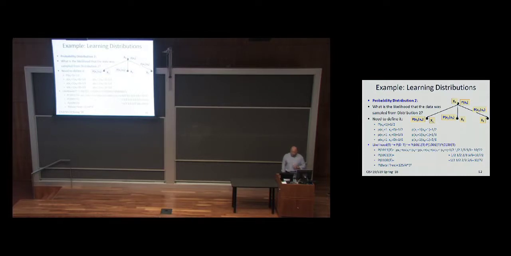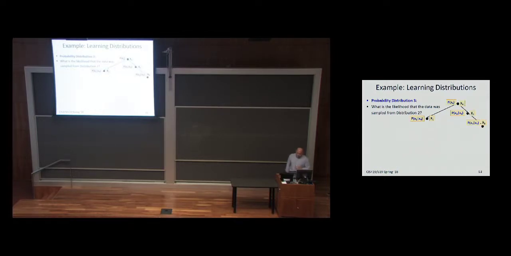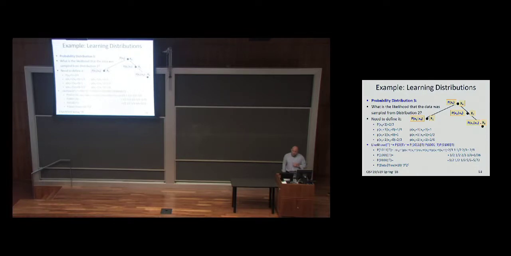Okay? I can do the same thing for the other data point. Again, the important thing for you to understand is that I've given you the right conditional probability to define this probability distribution, and that you know that if I want to compute P of 1, 0, 1, 1, I need to know P of x4 times P of x1 given x4 times P of x2 given x4 times P of x3 given x2.